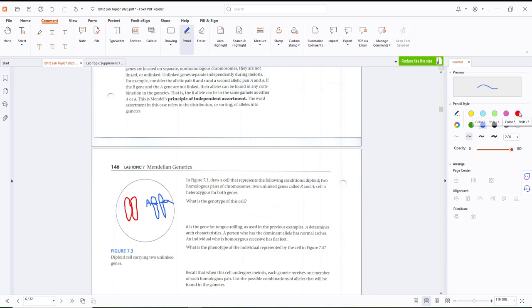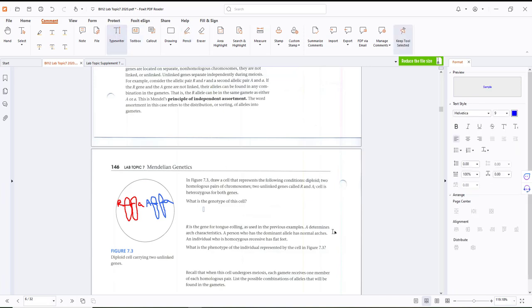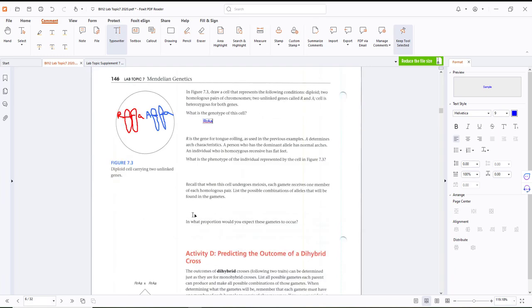For this one over here, I would have big R, little r. Right? So then what is the genotype? If you remember the genotype, it has one big R, one little r, one big A, one little a. Okay, so that's how you would write that down.